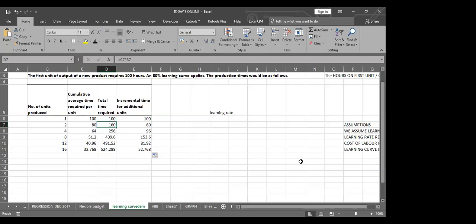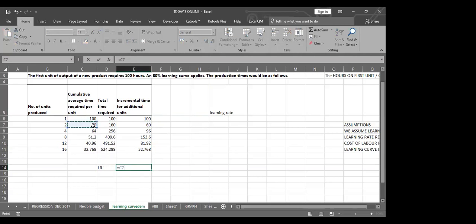Now, you don't need to worry. We have what are called formulas. You don't need to make a table like this unless you find it's necessary. But assuming a person makes a table like this and asks me, what is my learning rate? It's quite easy. Learning rate is the percentage.